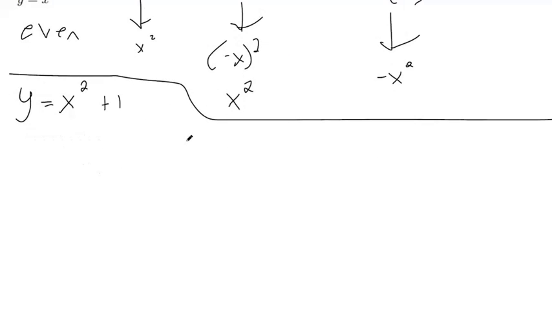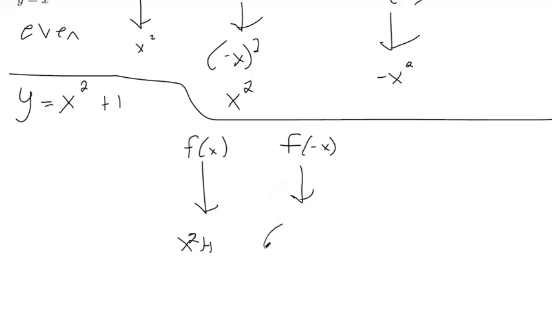And then I made one last one, a little bit different. This relation is a function. F of x, the function of x, is x squared plus 1. So to see if it's even, let's figure out what f of negative x is. I'm going to replace x with negative x. Now I can simplify that.